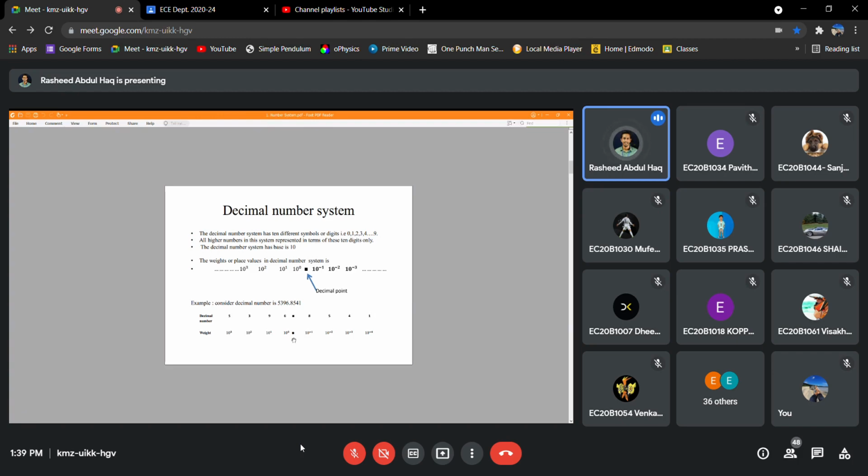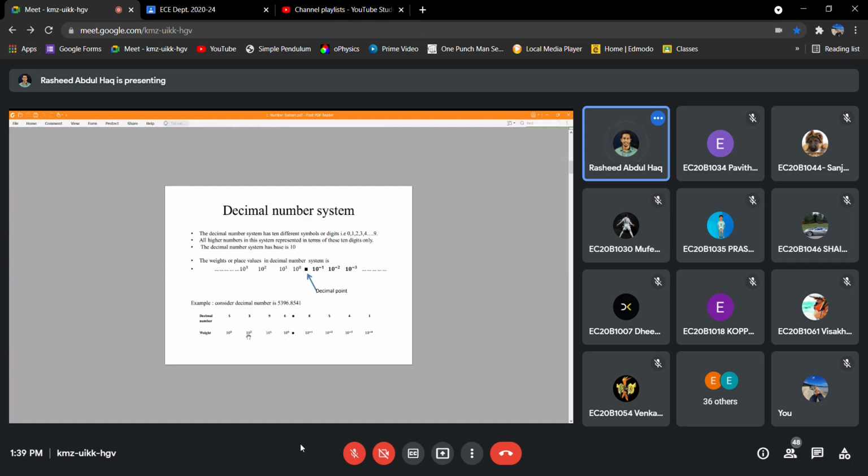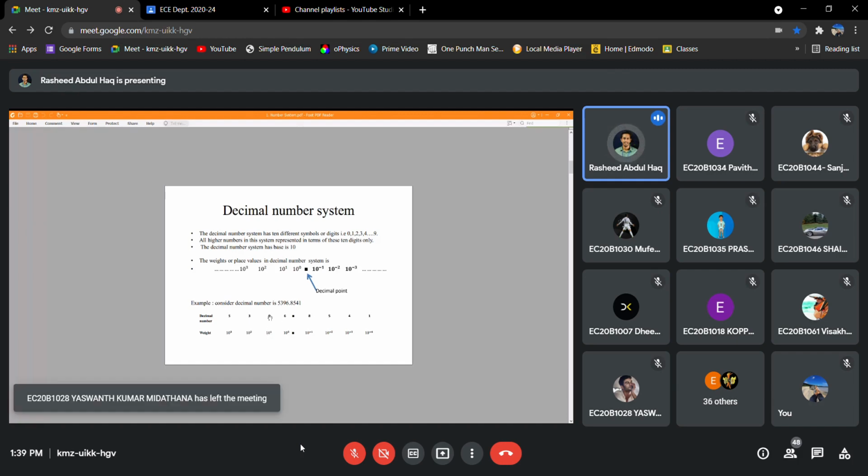How this 5396 is calculated is shown just below. For each position there is a weight. The weight of 6, the digit just before the decimal point, is 10 raised to 0, that is 1. The next one is 10 raised to 1, which is 10.